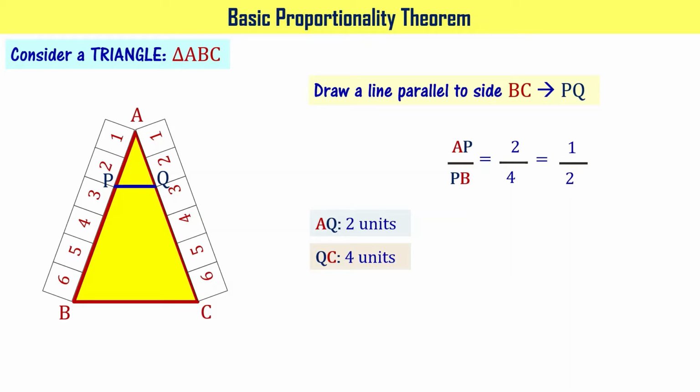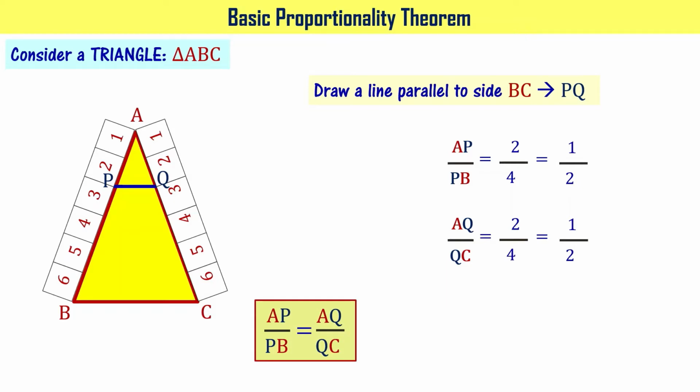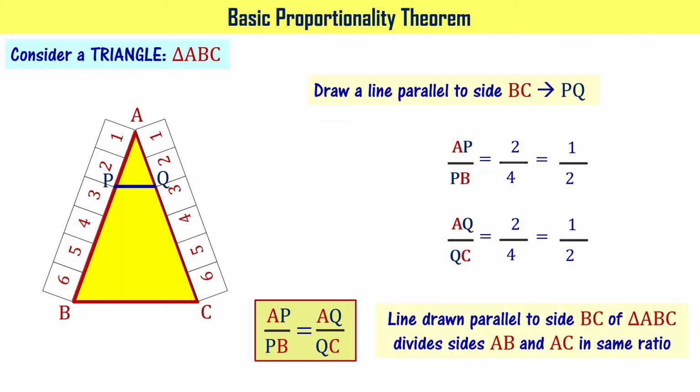It means their ratio AQ by QC equal to 2 by 4, that is equal to half, right? So now I can write it as AP by PB equal to AQ by QC, right? One statement we can make here is the line drawn parallel to side BC of triangle ABC divides the sides AB and AC in the same ratio, right?